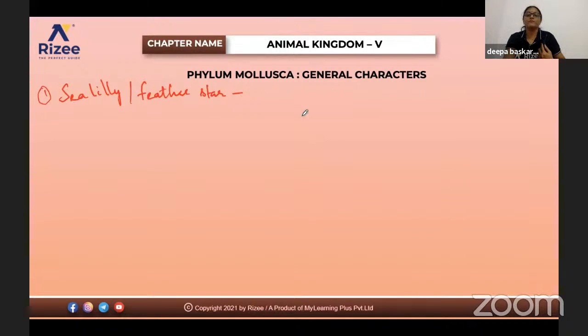Okay. They are same. Hump and mass are same. And again, here the sea lily is, yes, Antedon. The common name for Antedon is sea lily.